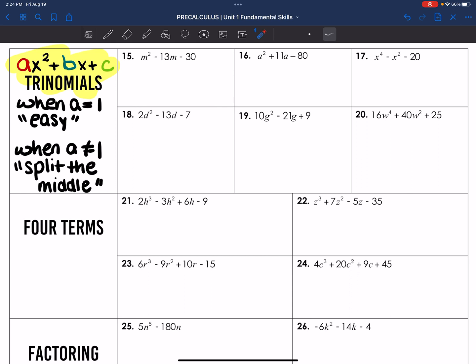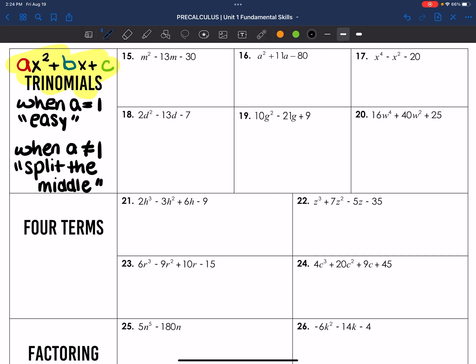Now, when we are asked to factor a trinomial, it's typically going to fall into one of two categories, where you have this easy style. That easy style is when your a is equal to 1, a being the coefficient of your squared term.